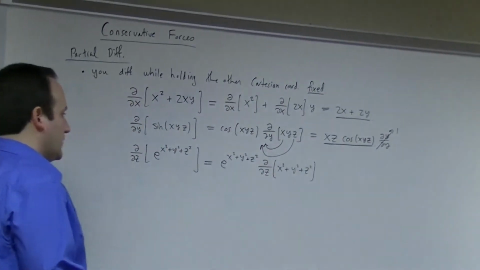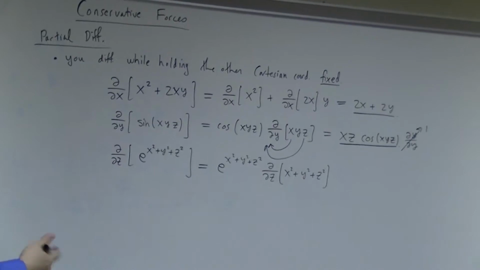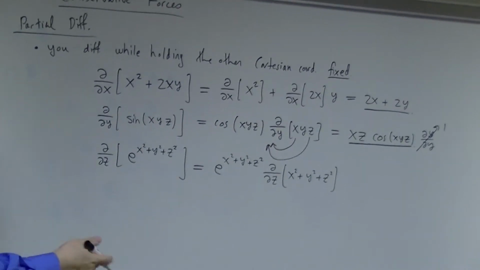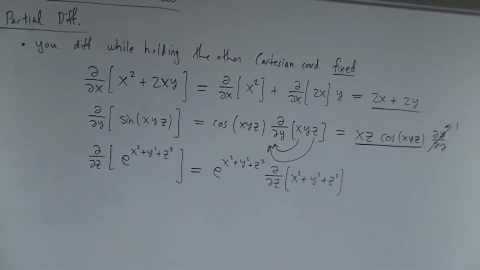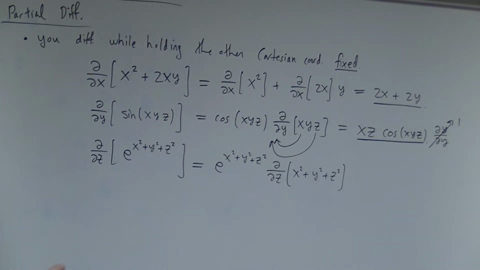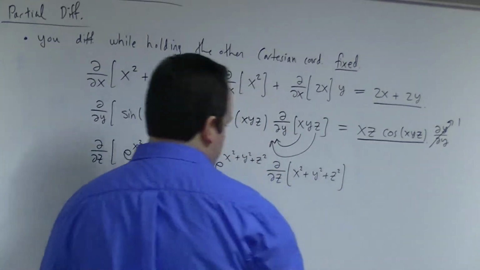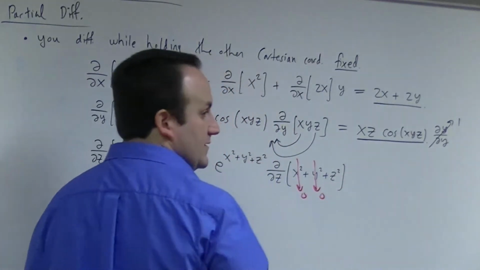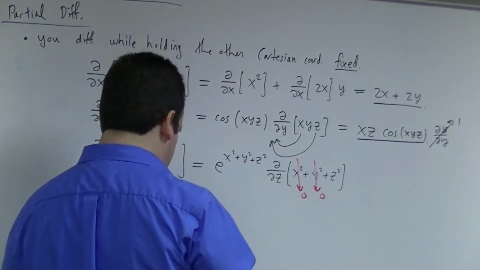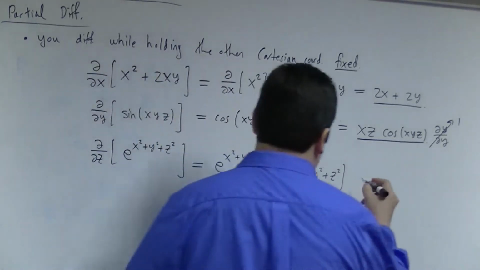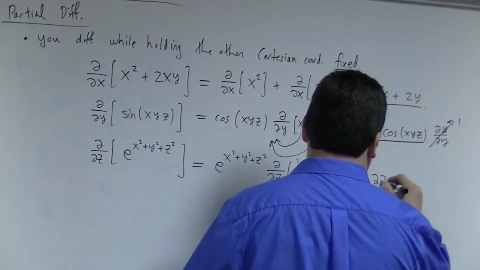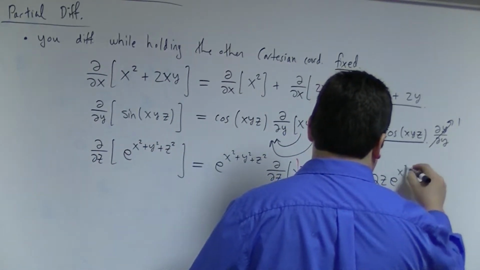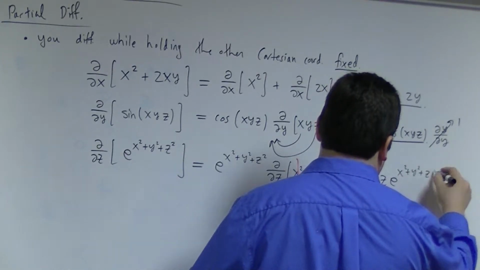Now, if we're differentiating with respect to z while holding x and y fixed, that means that x squared and y squared are the constants to this differentiation, right? So we simply have this is 0, and z differentiates to what? 2z. Yeah, 2z. So the answer here is 2z e to the x squared plus y squared plus z squared.